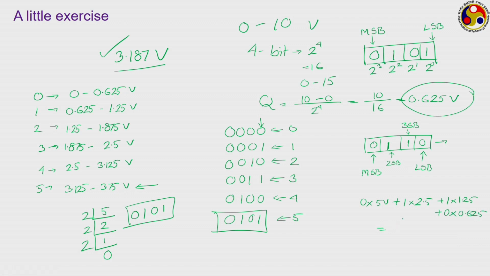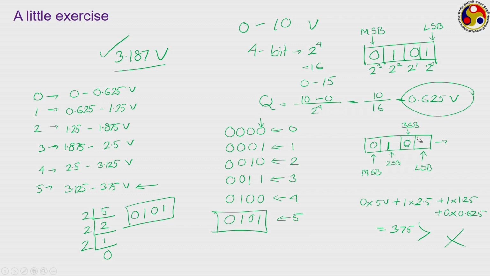So, we are getting 2.5 plus 1.25, that is 3.75, and this 3.75 is found to be greater than 3.187. So, this is also not correct. So, this goes off and the register sets this one back to 0. This is also final. So, we have already got 3 bits.